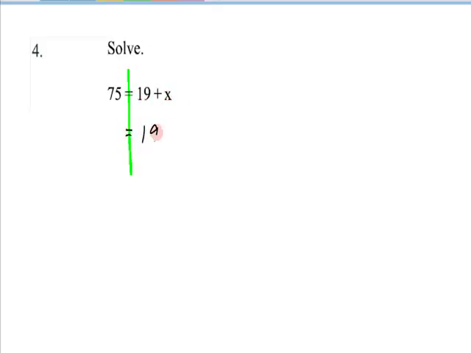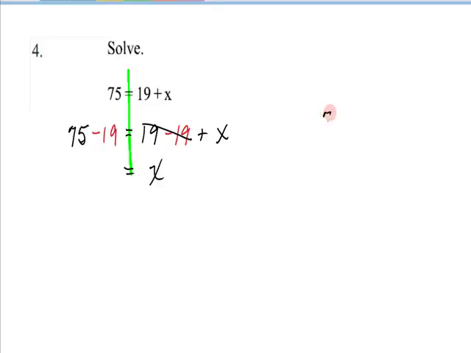So I'm going to subtract 19, but I still have plus x. On the left side, I have to do the same thing. I have 75, and I have to subtract 19. 19 minus 19 is 0, and 0 plus x is x. I feel good about that side.